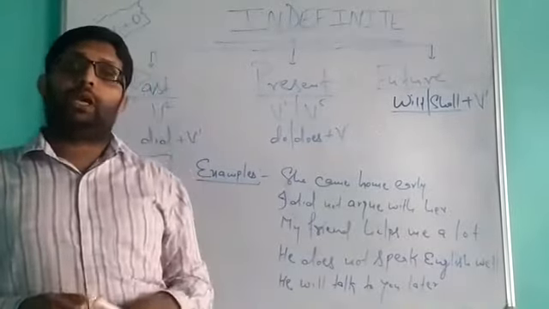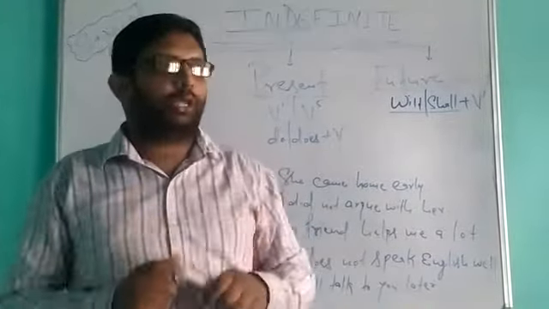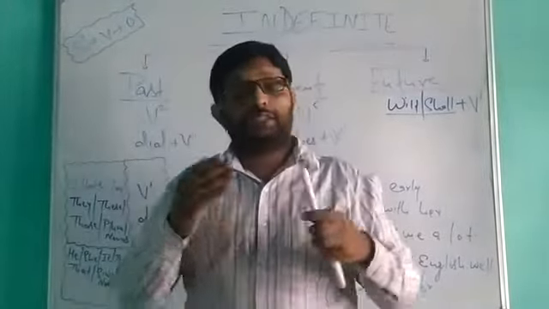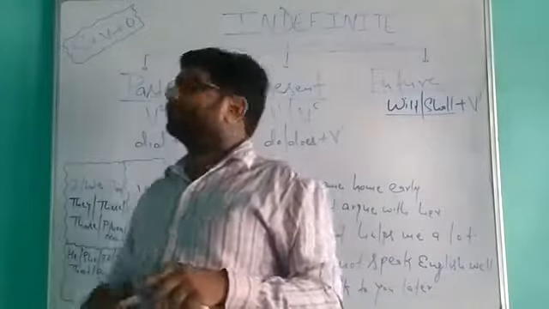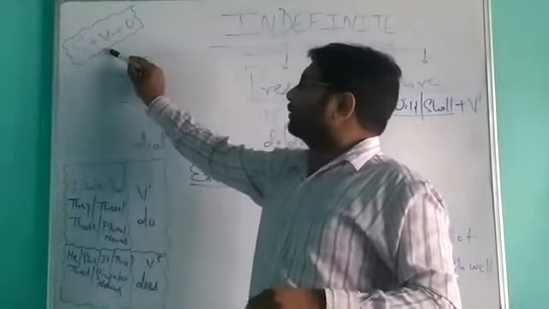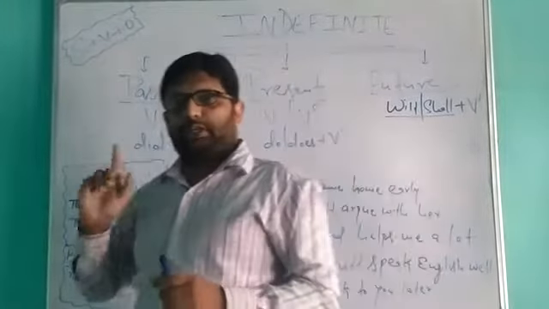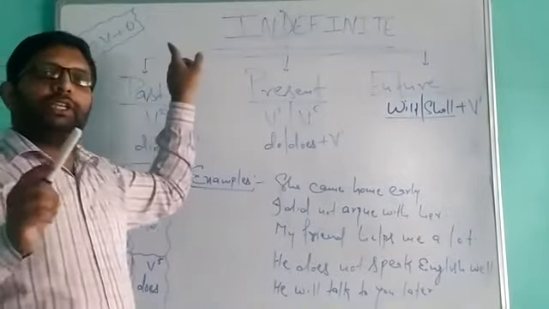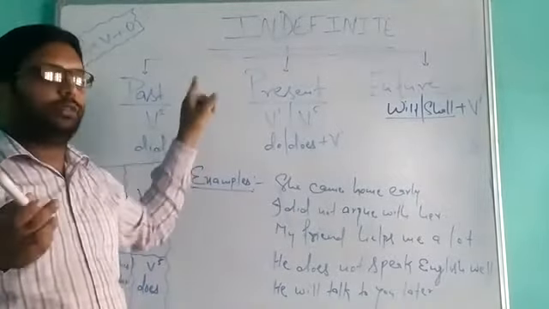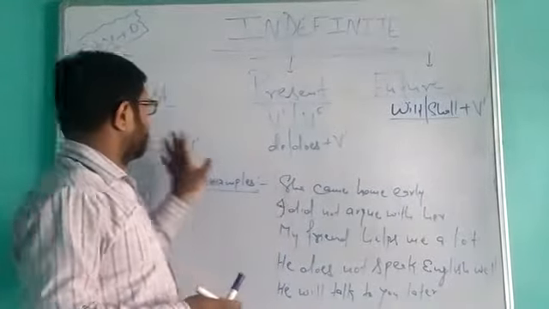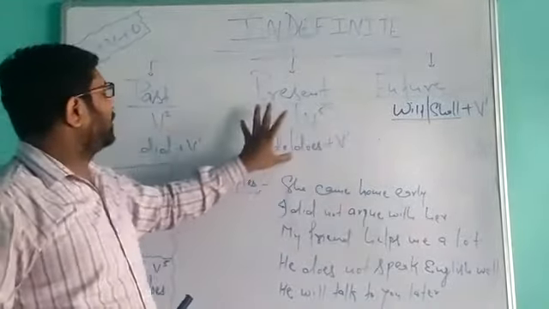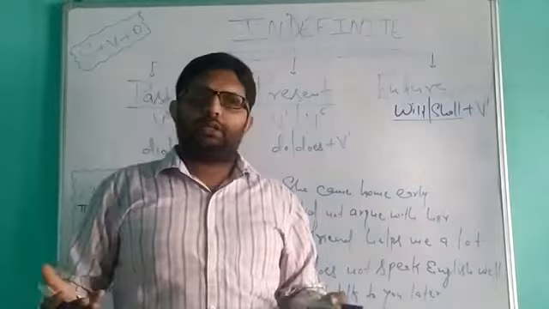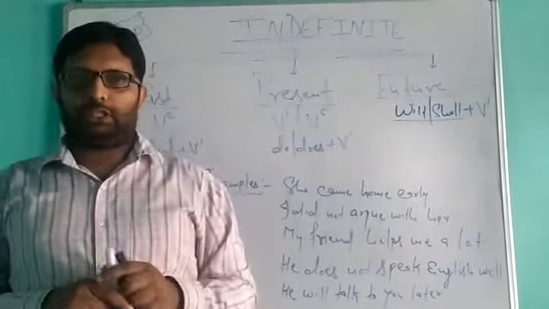But before that, I'd like to remind you of one thing: the basic structure of any sentence in English is subject plus verb plus object. So it is quite clear, my dear students, that subject and object are the essential parts of a sentence. While studying tenses, I have not mentioned subject and object in my structures, because it is clear they will be part of the sentence.